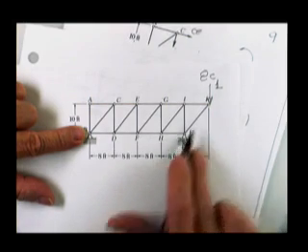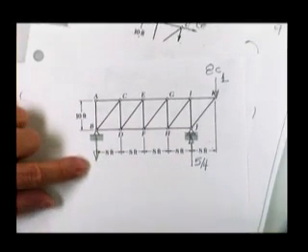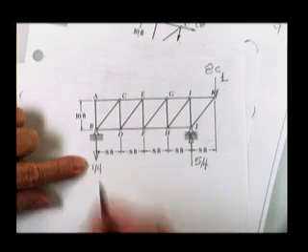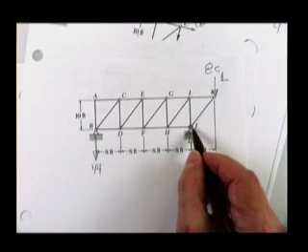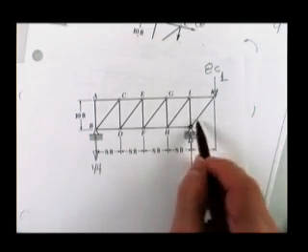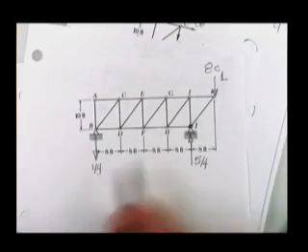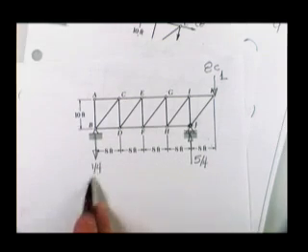5 fourths up on only 1 down means this reaction is going to go down 1/4. When you get home and look at this, you'll see the reactions. Sum moments about this point, that's probably better. That's 1 times a panel minus this guy times 1, 2, 3, 4 panels. That's the fourth.